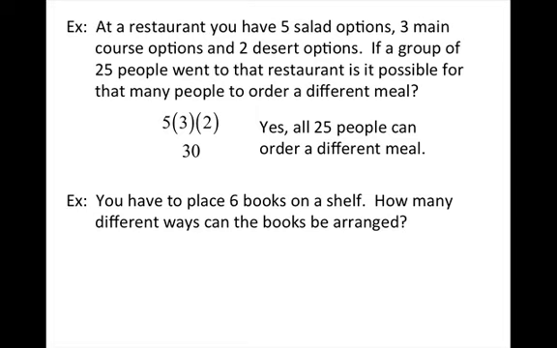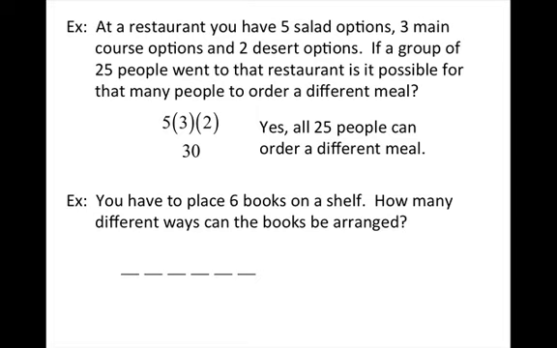The next example involves arranging objects. Let's say I have to place 6 books on a shelf. How many different ways can these books be arranged? If I'm doing a lineup or placing objects on a shelf, an easy way to visualize this is I just draw blanks.